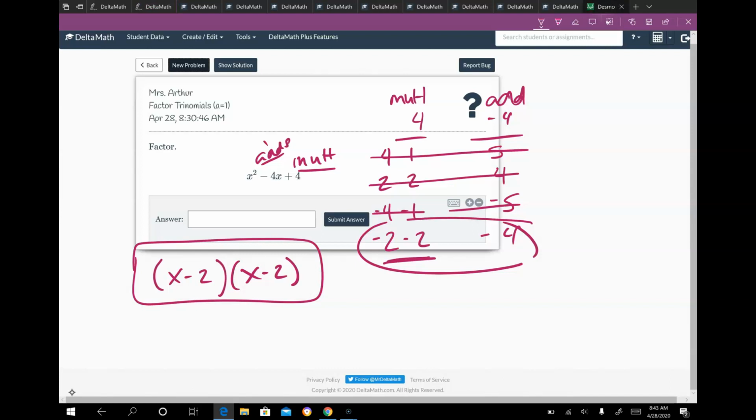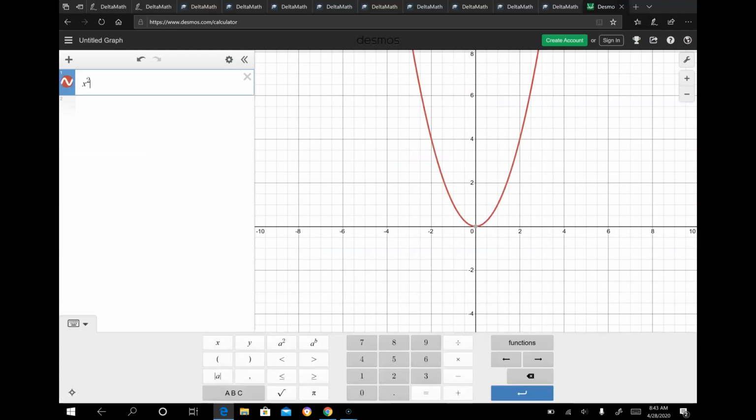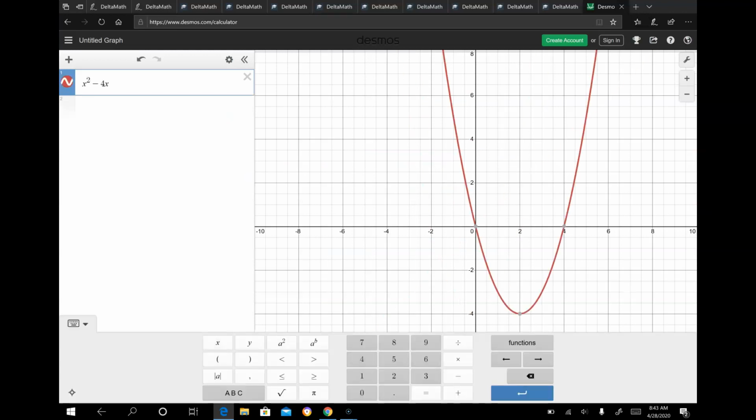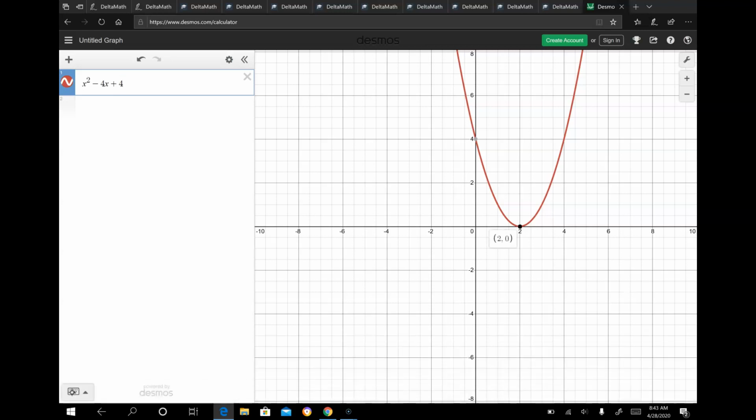So when I type this one in the graph, x squared minus 4x plus 4. Now you do have to remember your properties. Okay? See how it's sitting on the graph? If you sit on the graph, you count it twice. Okay? And you got to do opposite.